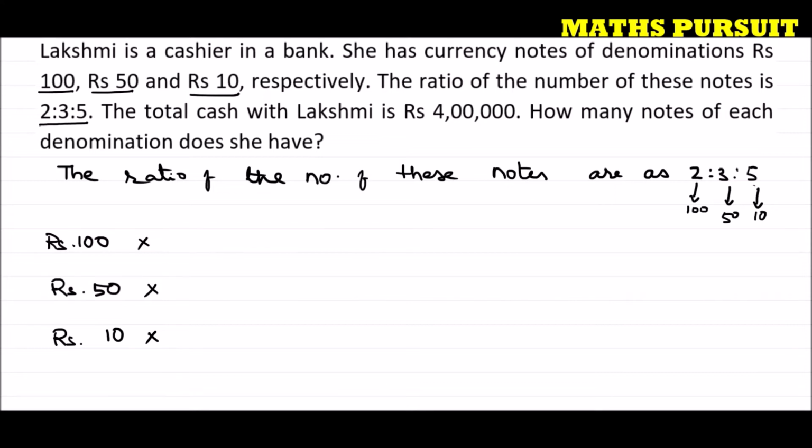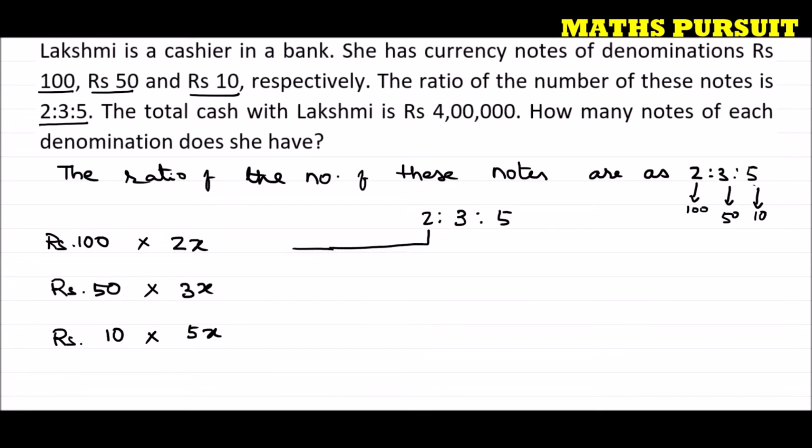Now let the number of 100 notes with Lakshmi be 2x, the number of 50 notes be 3x and the number of 10 notes be 5x. How did I get these values? I got these values from this ratio 2:3:5.